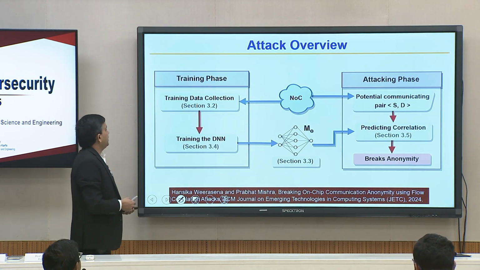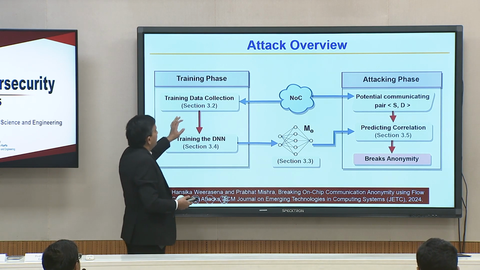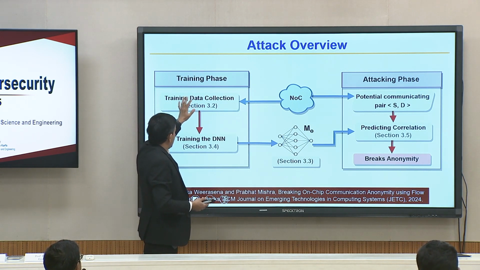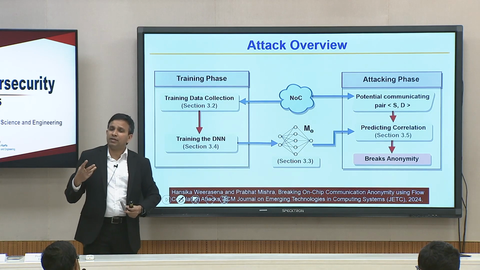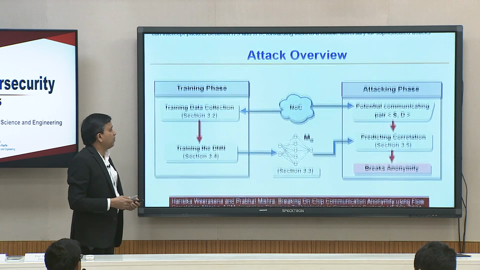The way the attack happens is that during training time you do the data collection and train the attacker DNN, and then during attacking time, for a potentially communicating pair, you come and predict the correlation, and you are basically breaking the anonymity. From a machine learning perspective, during training time the machine learning model figured out all these combinations.